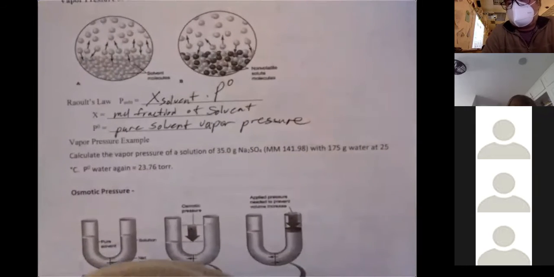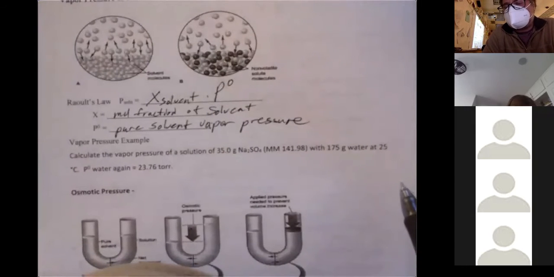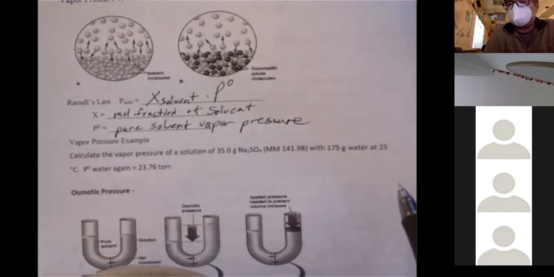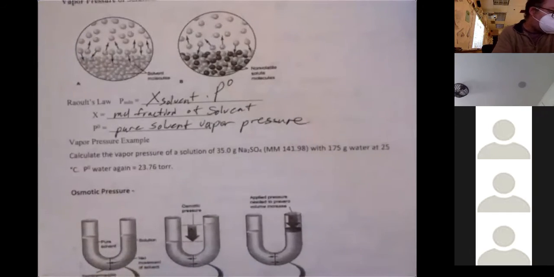Do you guys remember when we did gas laws and I had that little vacuum thing and I put hot water in there? It wasn't boiling, but it was just hot water. And as the pressure above the hot water decreased, the water started boiling. So that's what we're dealing with here.